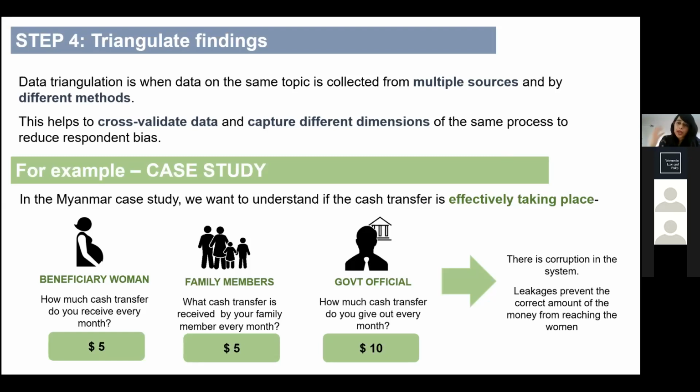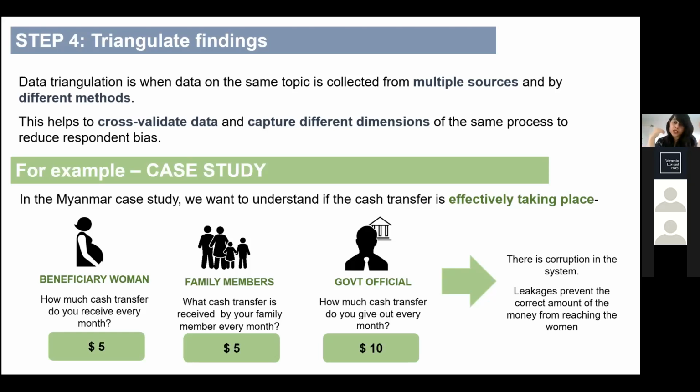And that's why it is so important to have so many perspectives in the picture, capture so many dimensions from different people, so that you ultimately come to a very robust conclusion instead of coming to only one-sided conclusions. For example, if we were looking at the cash transfer only from the perspective of the government official, we would think that it's working great. They're giving out $10 and it's done, right?